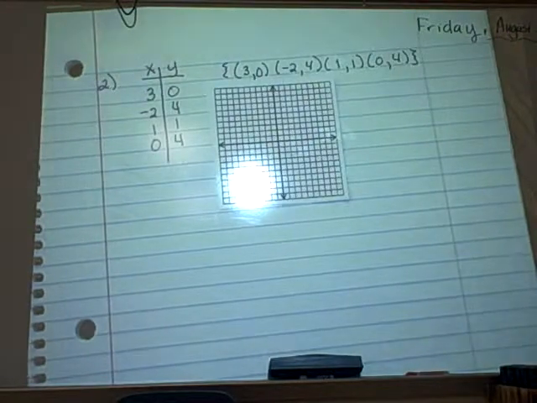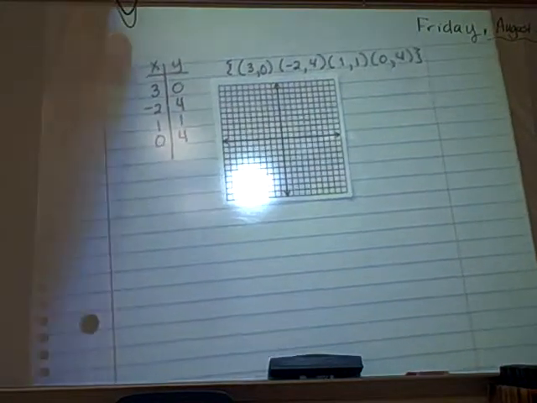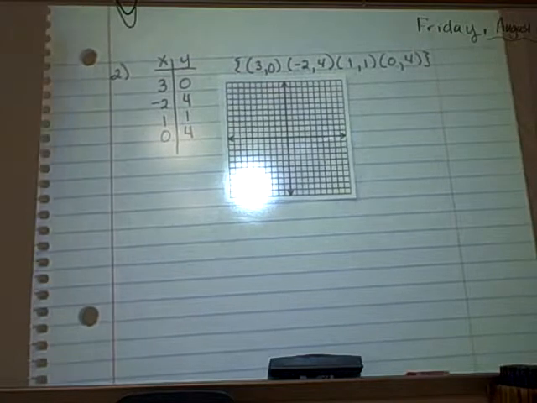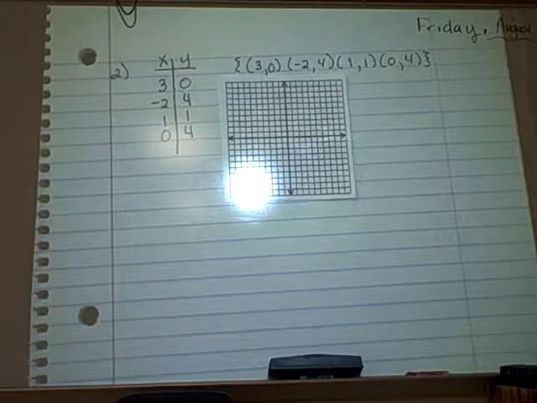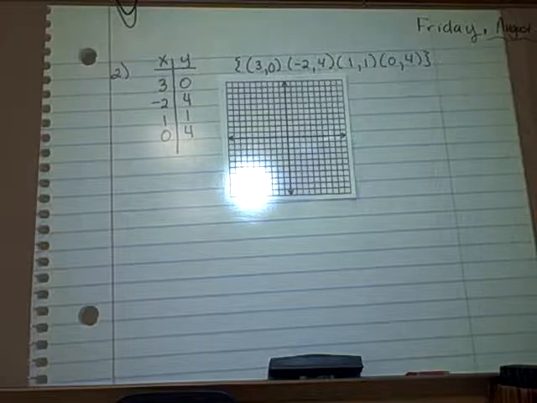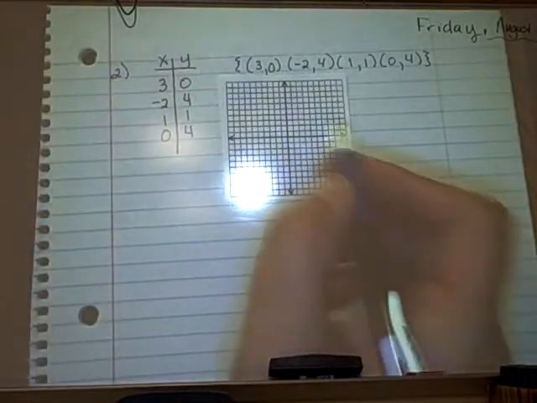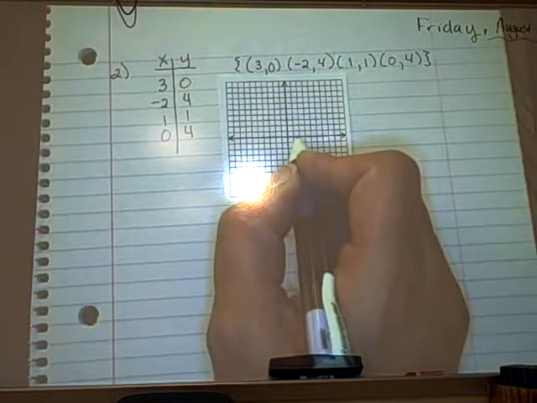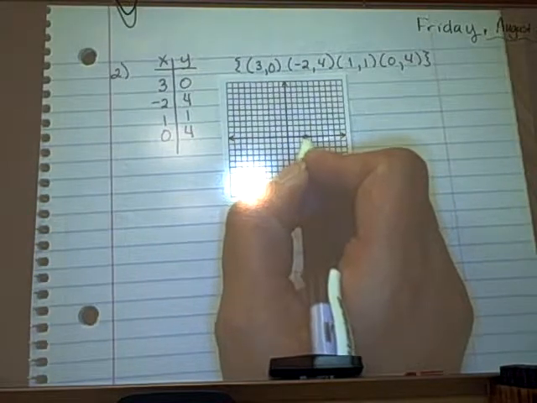Graph. So we can put all these points on the graph. Okay, so that first point is 3, 0. So you go over to the right 3, but you don't go up and down at all. So it's right there.